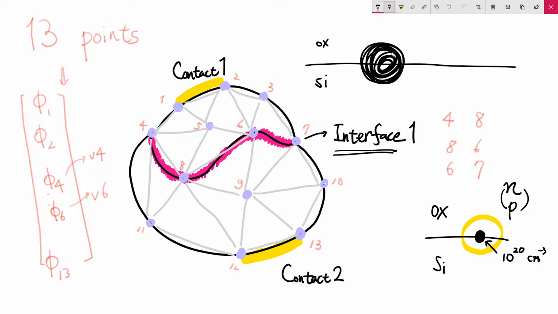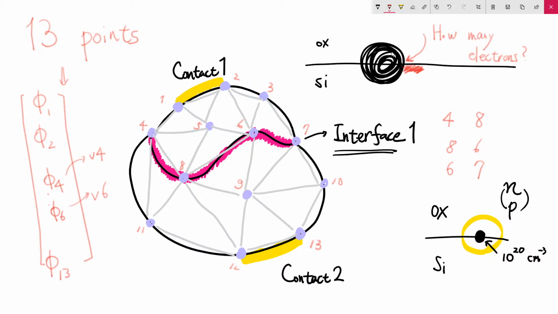We know that we have plenty of electrons in this case. Then my natural question is, how many electrons at this point?